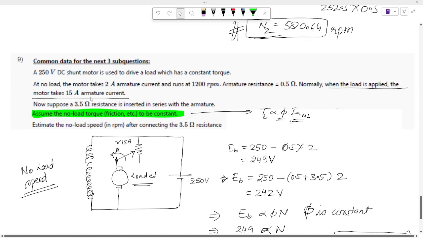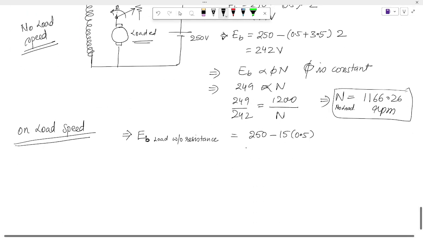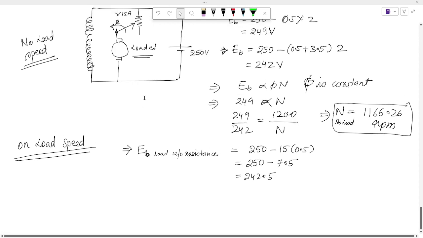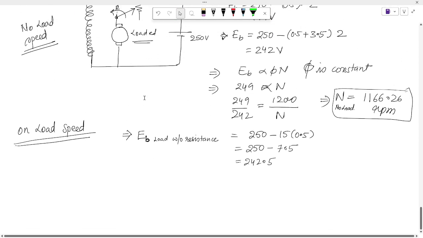Okay? Yes or no? Yes, sir. What is the value of 250 minus 7.5? 242.5. Yes or no? Yes, sir.